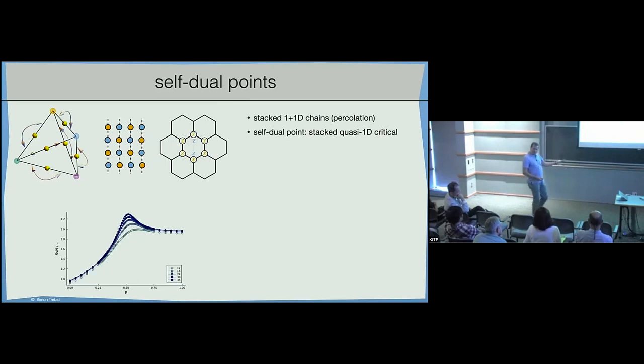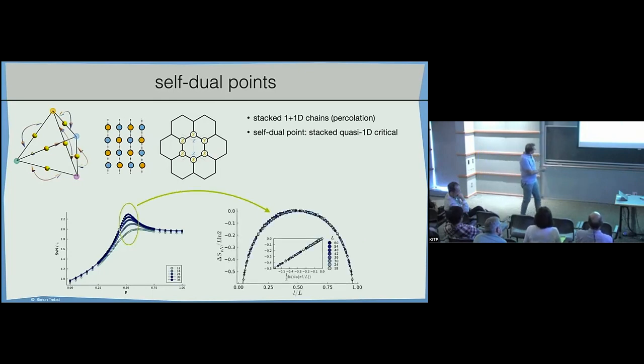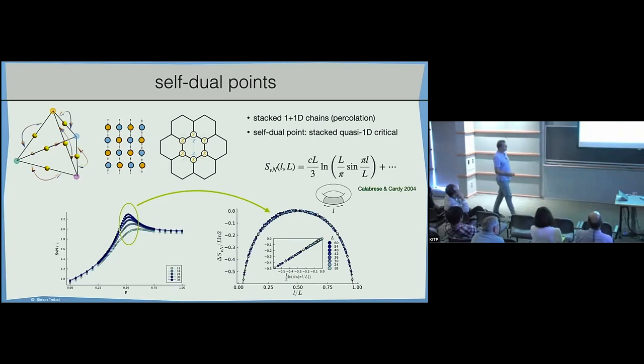If you go to the point and you look at the entanglement structure, you see that something interesting is happening. It's diverging. Yeah. If you plot it as a function of entanglement entropy over L, you see this beautiful entanglement arc that you know from conformal field theory, Calabrese and Cardy.